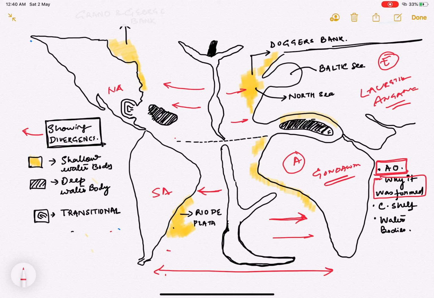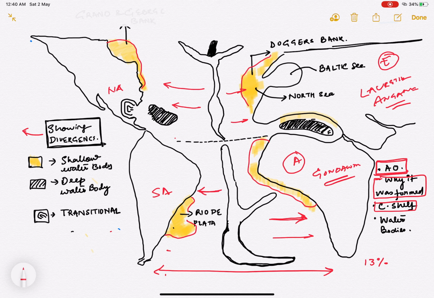Now, first of all, we'll discuss about your continental shelf in the Atlantic Ocean. Now, as you can see, all these yellow zones are nothing but your continental shelf. Hence, you can see that the continental shelf in the Atlantic Ocean occupies 13% of the total ocean bottom topography. Now, why is there such extensive continental shelf?